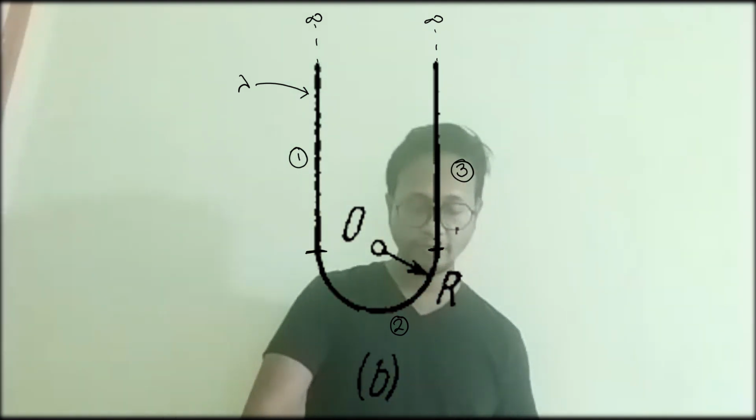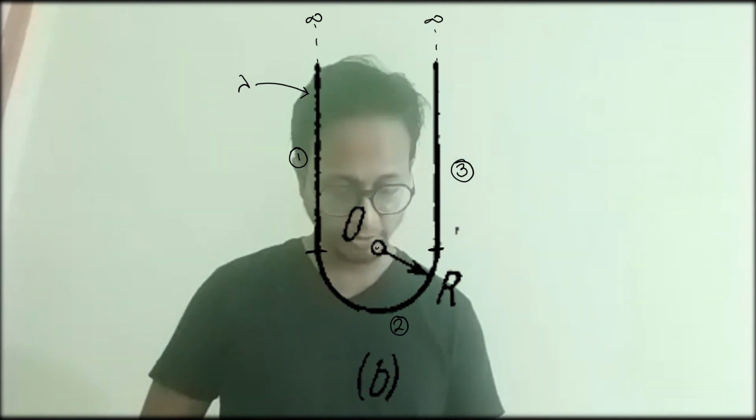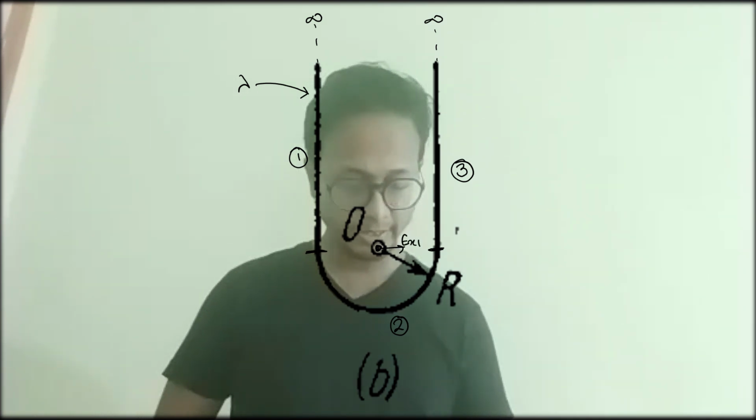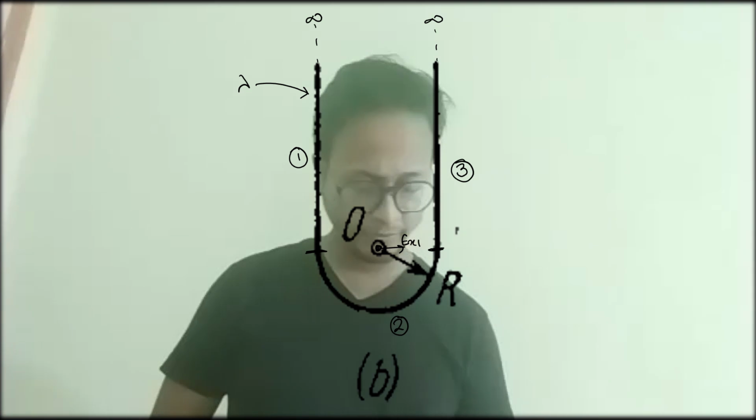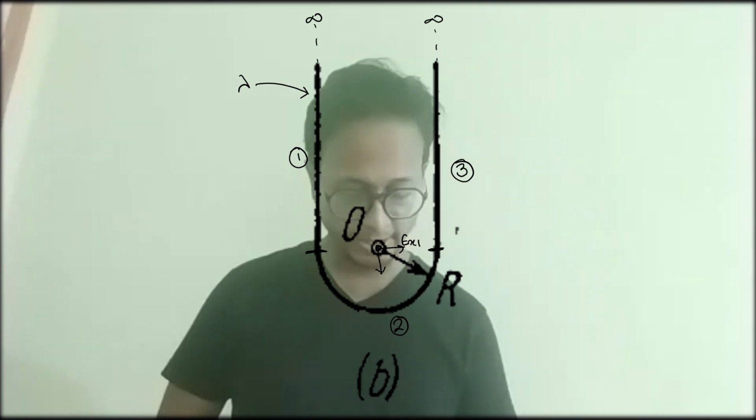Now if you observe carefully, due to wire 1, the x component, Ex1, is k lambda by r, and the y component will be in this direction, Ey1.